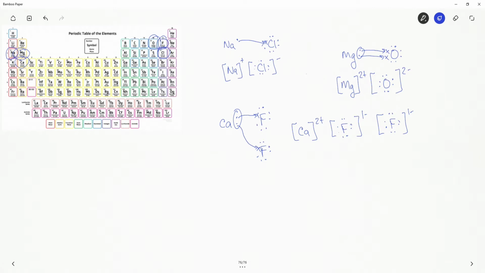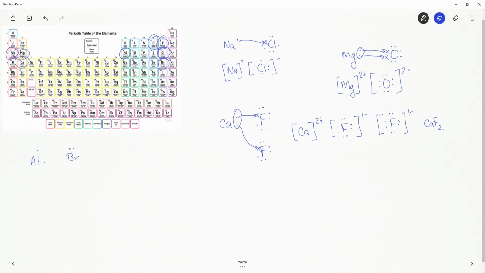Now, this is drawing it through Lewis structures. If you were to draw the molecular structure, you would simply write CaF2. So let's predict what happens when aluminum and bromine bond. So aluminum has 3 valence electrons.